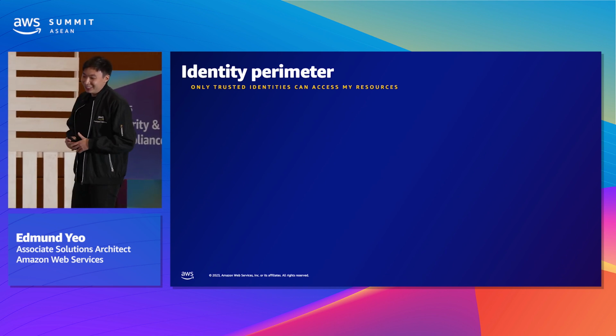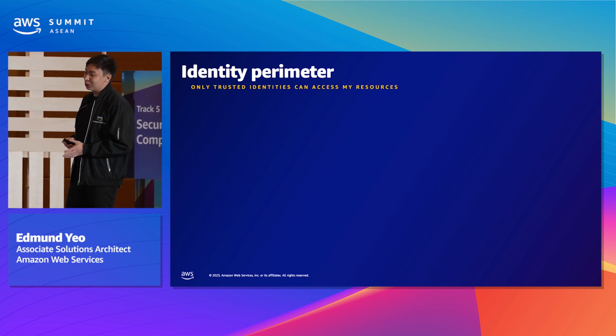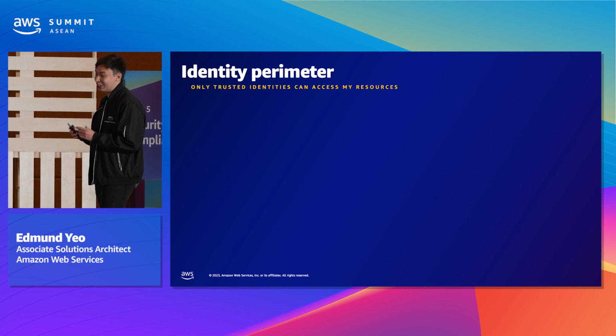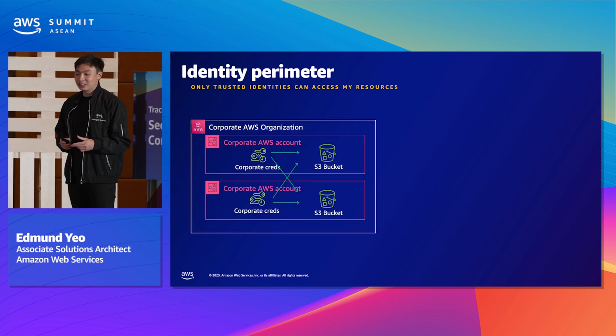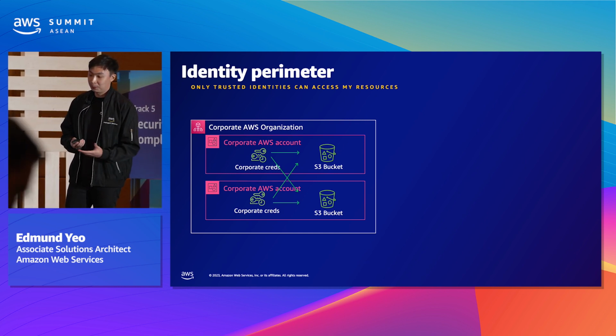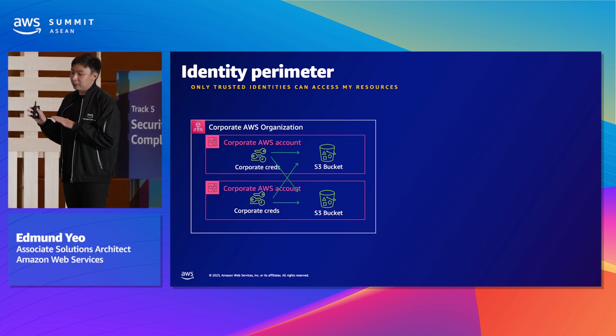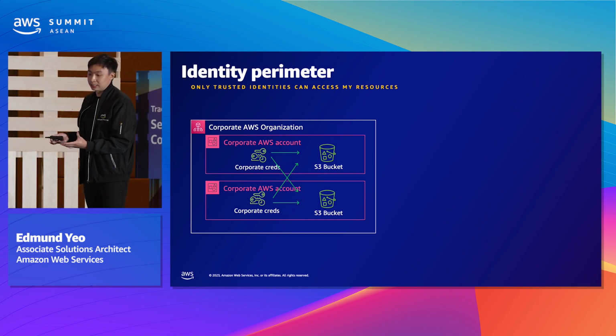Yeah, so the trusted data path here is your corporate credentials being used to access resources within your organizations. So these are actually IAM roles that your users can use to access resources like your S3 bucket within your accounts. So all the access paths that you are seeing on the screen right now in green are trusted access paths.